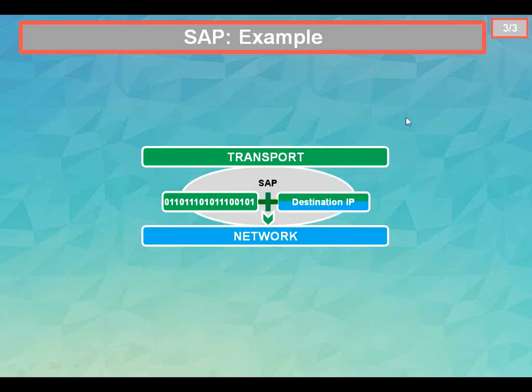One other important point I would like to tell you here. This destination IP address is one of the parameters attached in the network layer header. One of the header fields. There are many header fields in the network layer. One of the header fields is the destination IP address. Who is giving him that input?